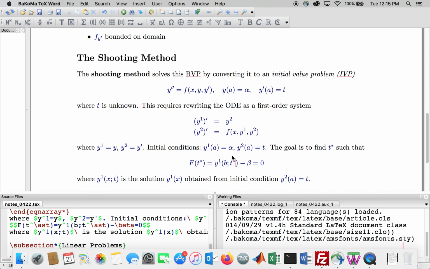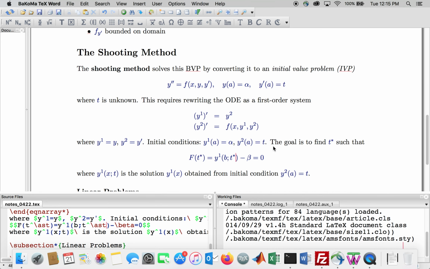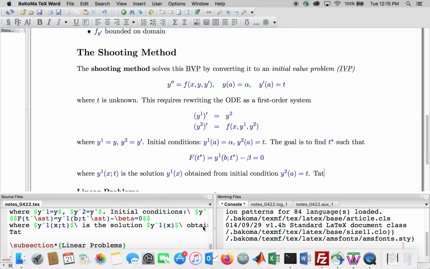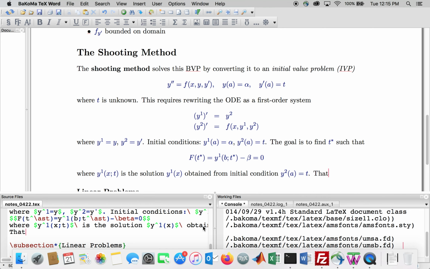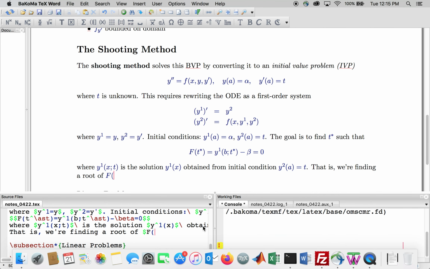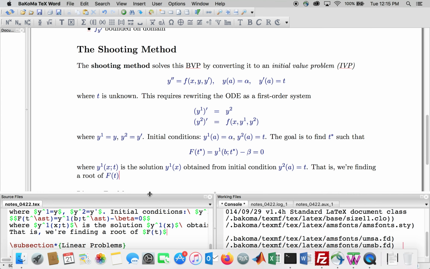So since we're looking for a value of t star that satisfies this equation, in other words, this function of t is equal to 0, what we're effectively doing is finding a root of this function f of t. You can use any root finding method to find a root of this function.